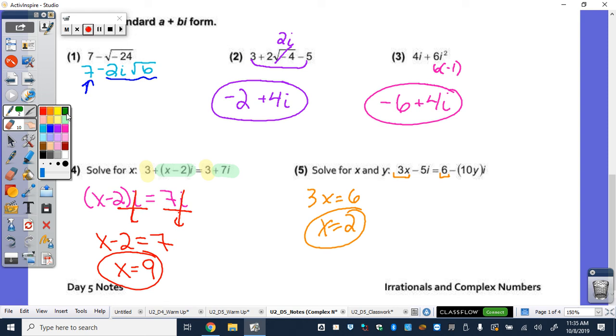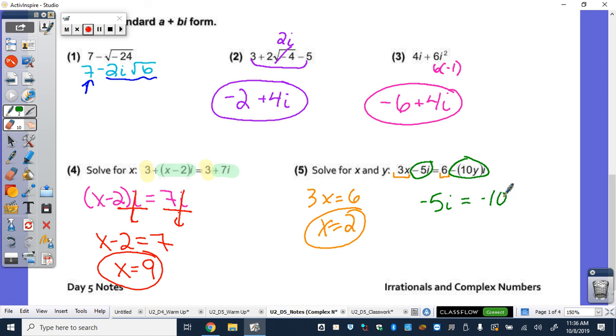And so then the imaginary number from that one has to equal the imaginary number from the other one, because they are set equal to each other. Negative 5i is going to equal negative 10yi. So trying to solve for y, first thing I would do again is get rid of my i.